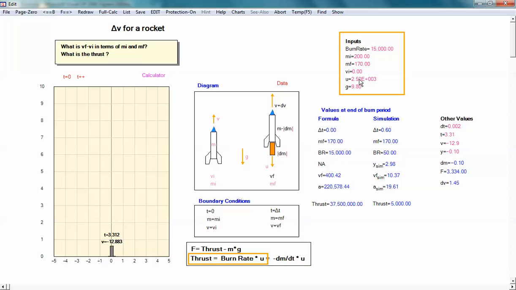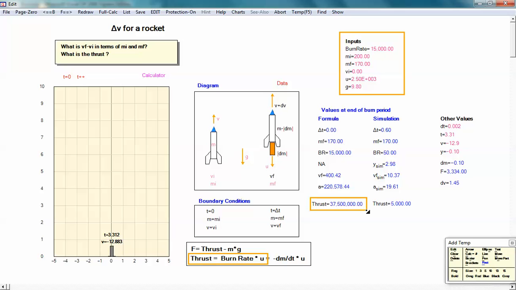So if you plug those numbers into our formula for thrust, you get the actual thrust, in newtons. So it's 37,500,000 newtons of thrust propelling the Saturn rocket upward.